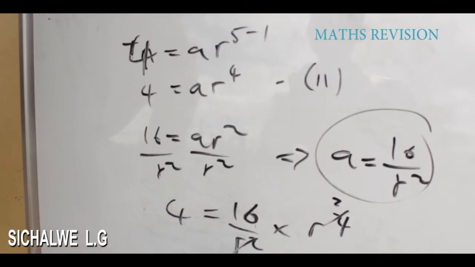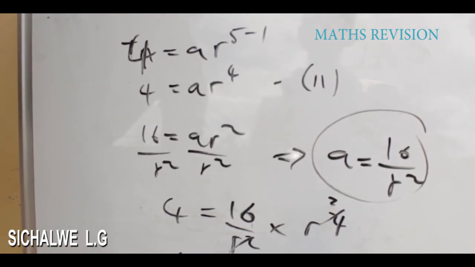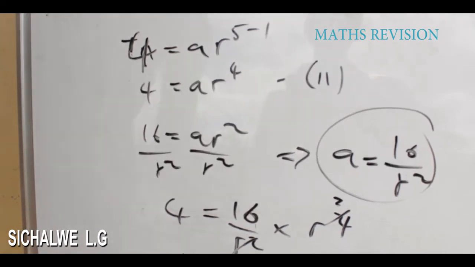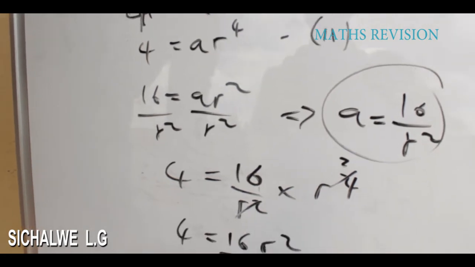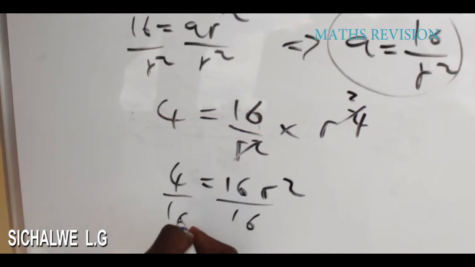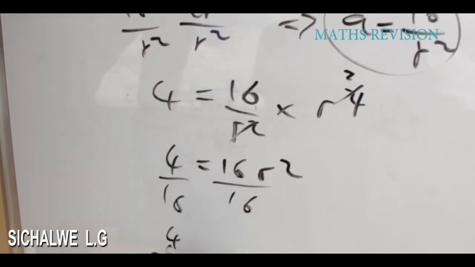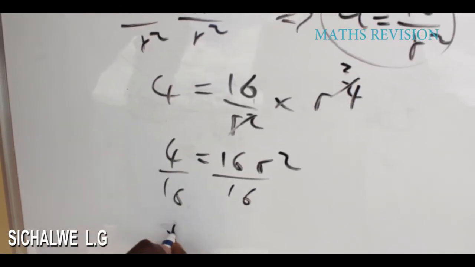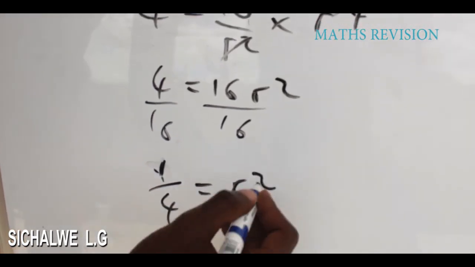Therefore 4 is equal to 16 r squared. To remain with r, we divide through by 16, so we have 1 over 4 is equal to r squared.